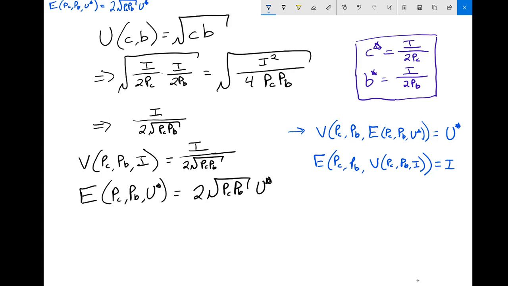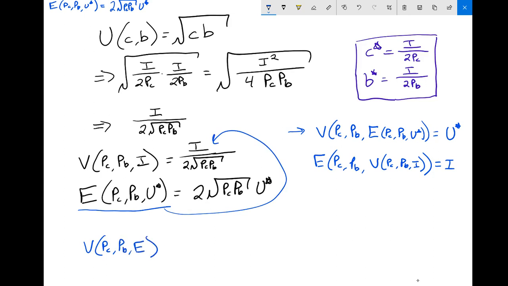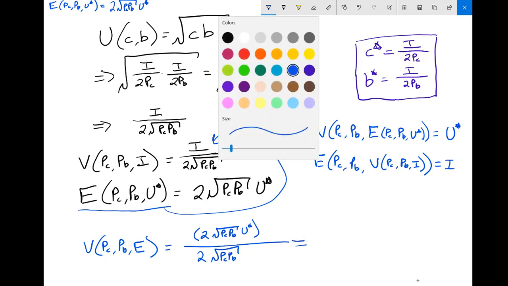So what I'm going to do is take E and plug it in for the I. So V, divided by 2 square root of PCPB, and then lo and behold, there we have it.